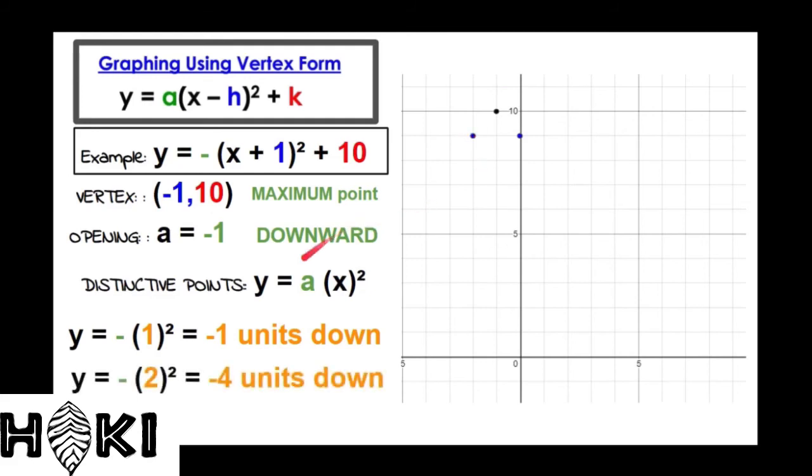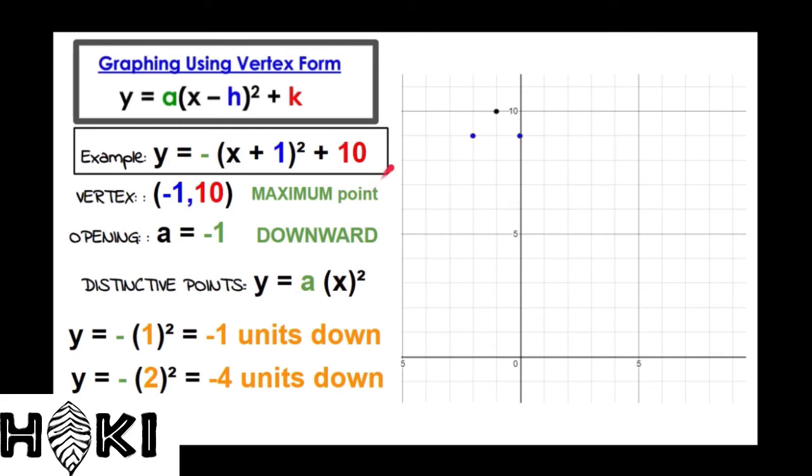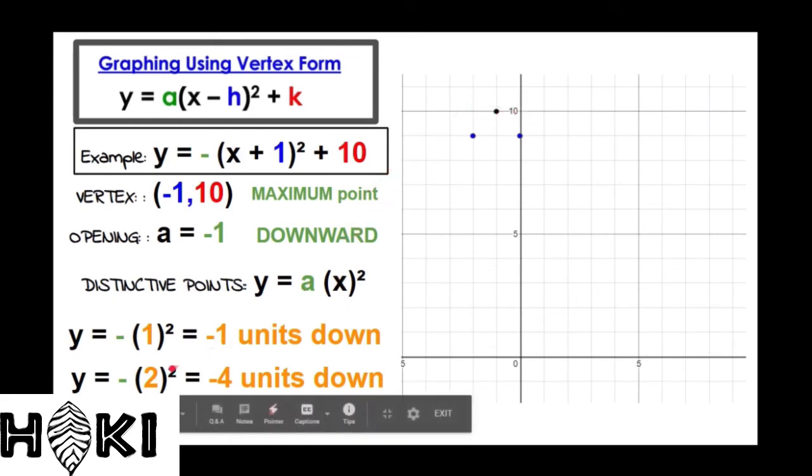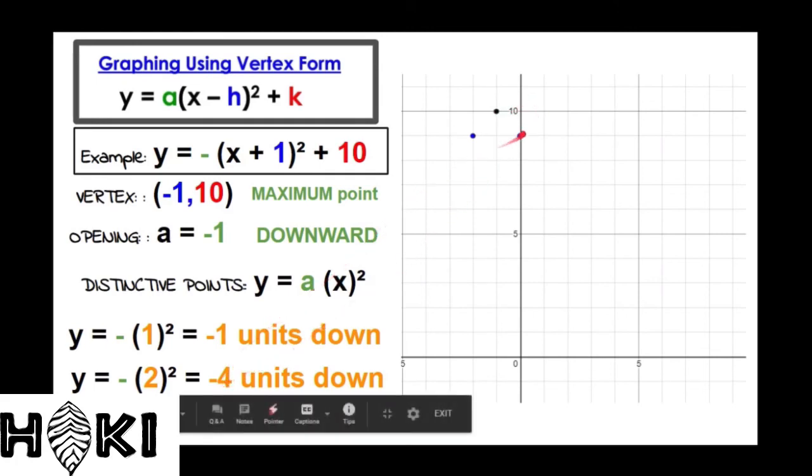Okay, so let's have now the second points. Let's take 2 units to the sides of the vertex, to the right side and to the left side. So -1 times 2 squared. The 2 squared is 4 times -1, which is -4 units. So again, if you're going to move 2 units to the right of the vertex, you have to move 4 units downwards.